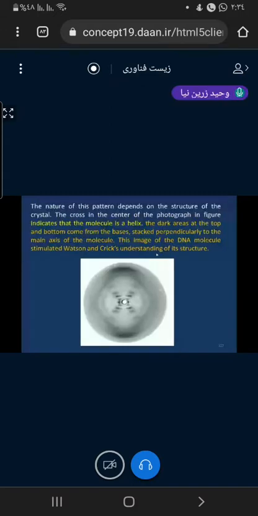In 1953, Watson and Crick proposed the double helix model based on two sources of information. One is the base composition study of Chargaff.